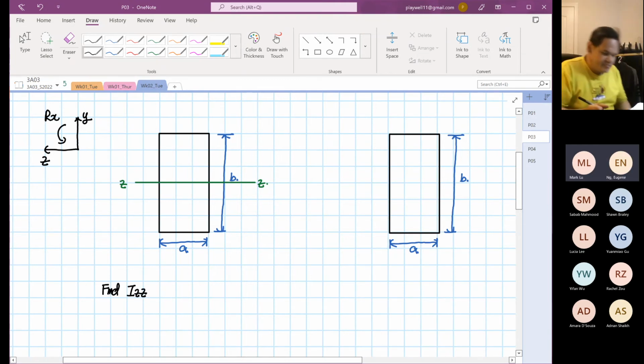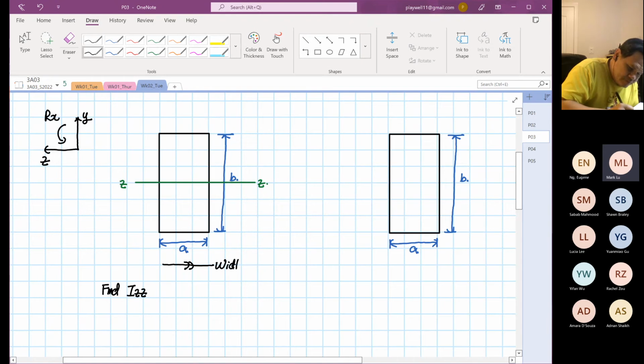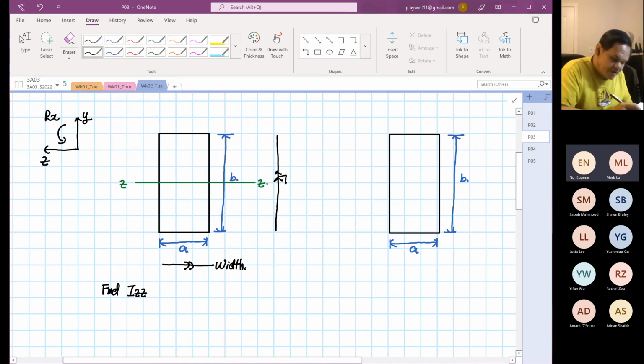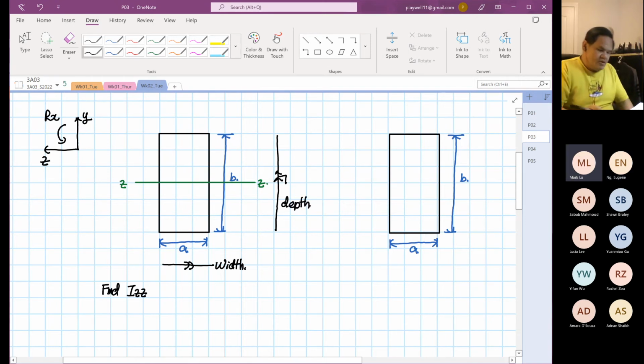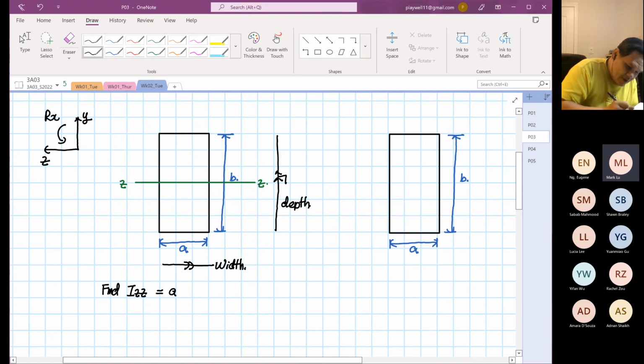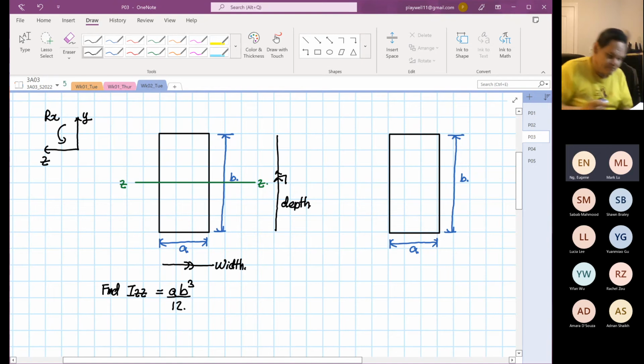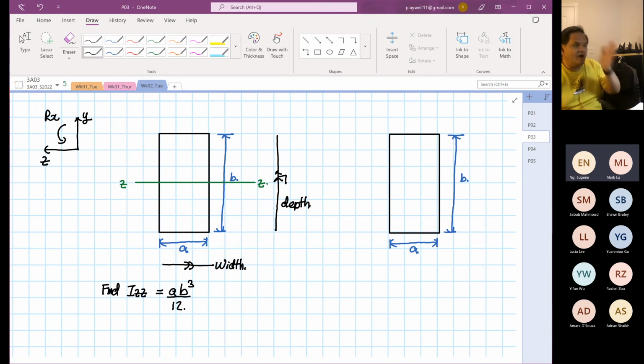So the trick is this: any geometry that is parallel to the ZZ axis will be the width, and any geometry that is perpendicular to the ZZ axis will be the depth. So Izz is the width times depth cubed over 12. The reference is the axis of interest.